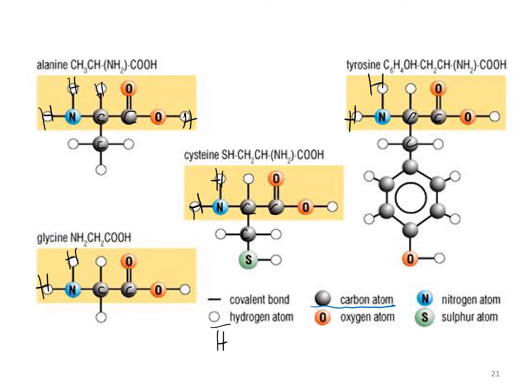Okay, so let's look at the first one. We have alanine up on the left-hand corner. Again, this is a carbon here. It's attached with a double bond to an oxygen, and then it's attached to an OH, which is our hydroxyl. When we have a carbon with a double bond to an oxygen and an OH attached to it, that makes a carboxylic acid.